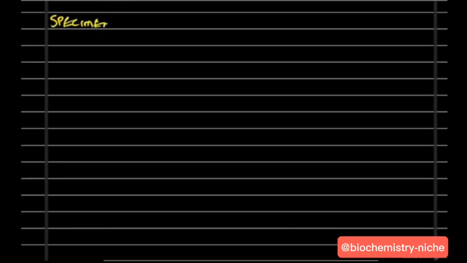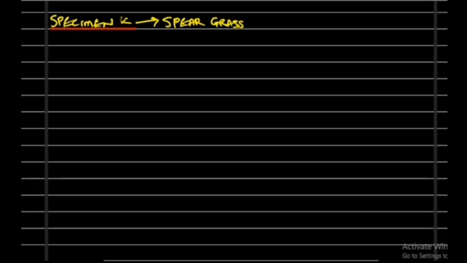Specimen K, and that is spear grass. Let us see its own binomial classification, so we'll be able to write out its botanical name.